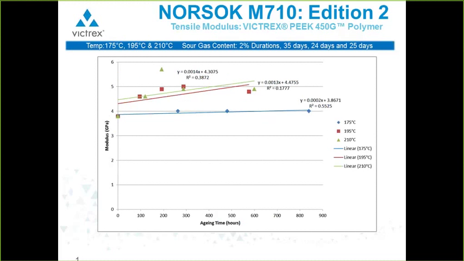And so we see that the modulus is actually increasing in all cases, and that the kind of preconditioning treatment which is recommended by the standard hasn't really ironed out all of those pre-changes prior to any kind of degradation of the polymer. So this actually is giving us quite a confusing picture of what the material will do.